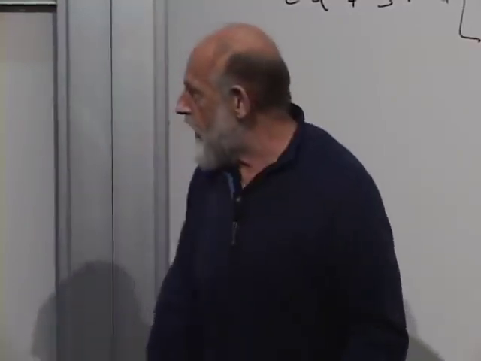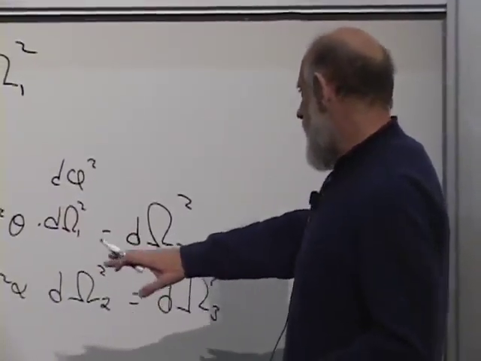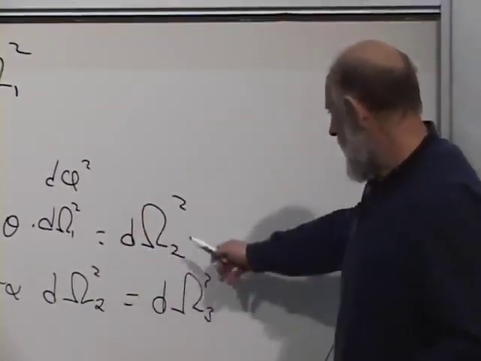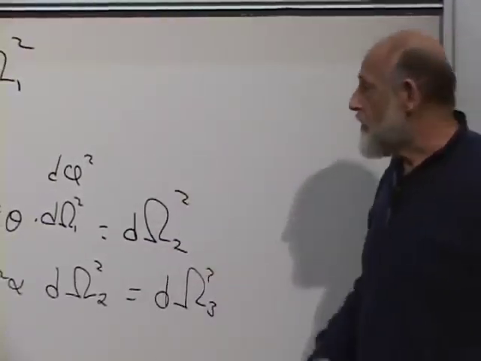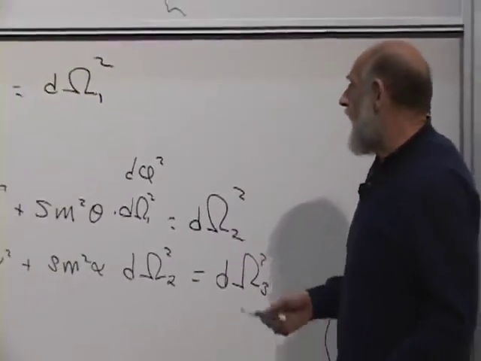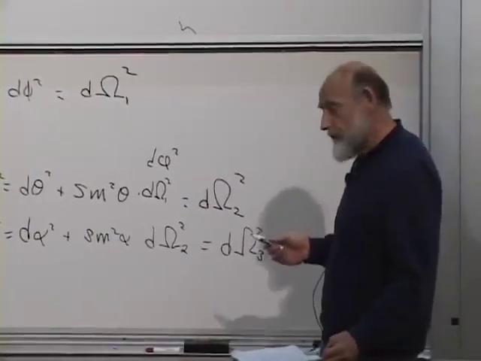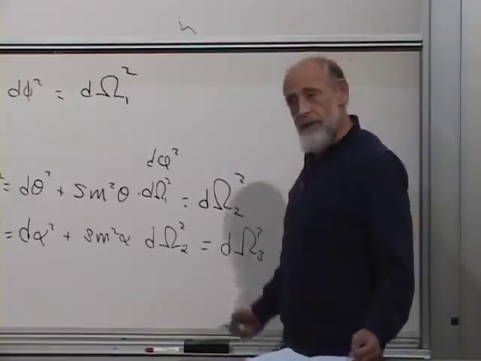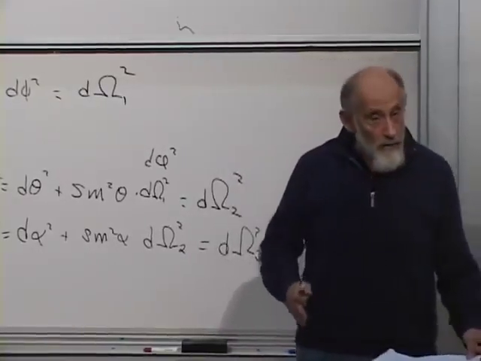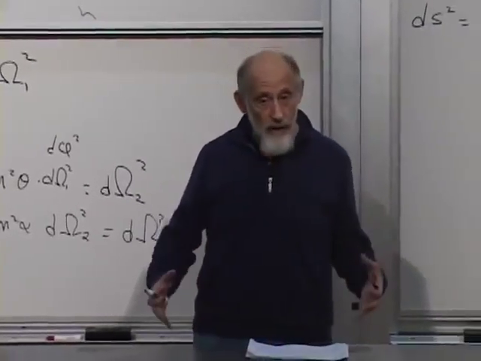Okay, now these are unit spheres. Each one of these is a unit 3 sphere, 2 sphere, 1 sphere. Supposing we now want to make a sphere of radius a, the metric of a sphere of radius a, then all we have to do is take the metric of the unit sphere and multiply it by the square of the radius of the sphere.